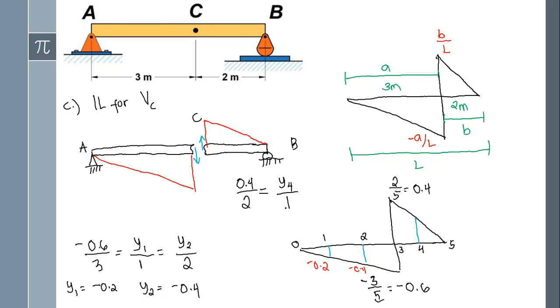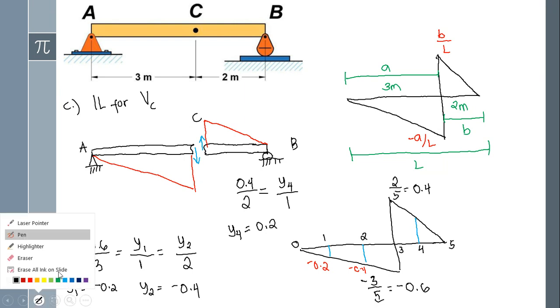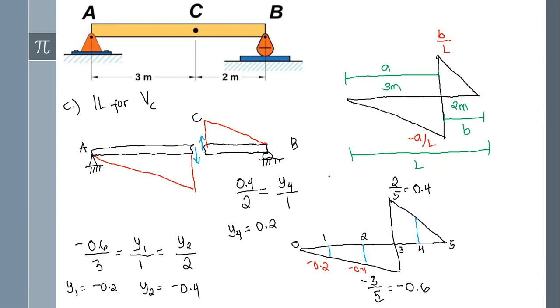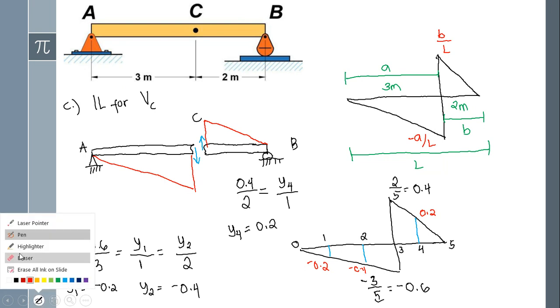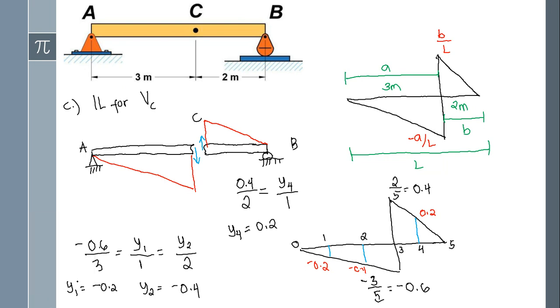So, ato lang i-cross multiply ang 1, y4 is equal to pila? 0.2. So napuntay ordinate for y4 nga 0.2. And this is now our influence line for BC.